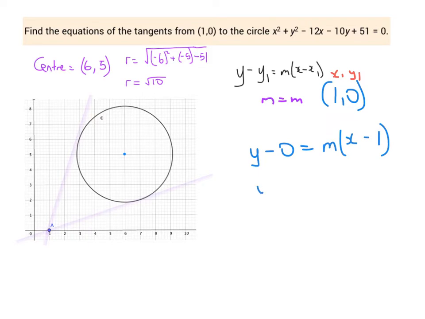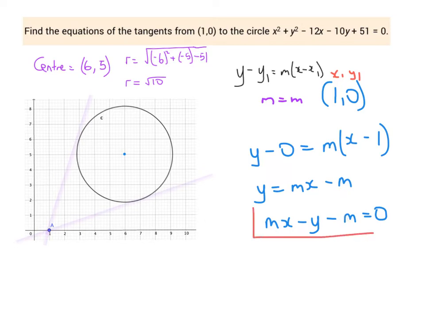And so tidying that up, we have y is equal to mx minus m, and tidying it up even further, that gives us mx minus y minus m is equal to 0. And so we have an equation that is of the form ax plus by plus c equal to 0. Okay, and that's going to be important for us. So we're going to put a red box around that for the minute.